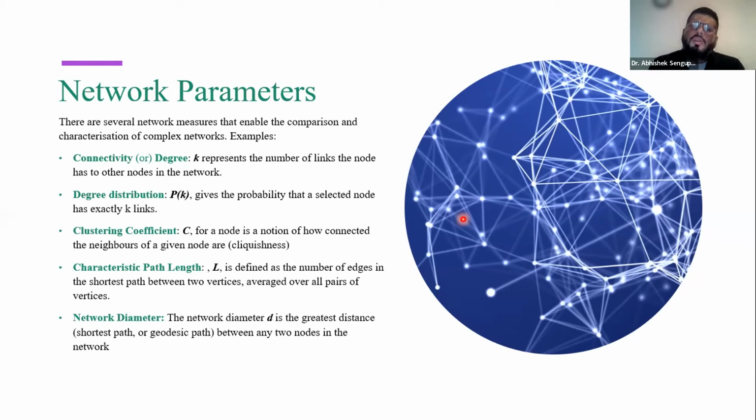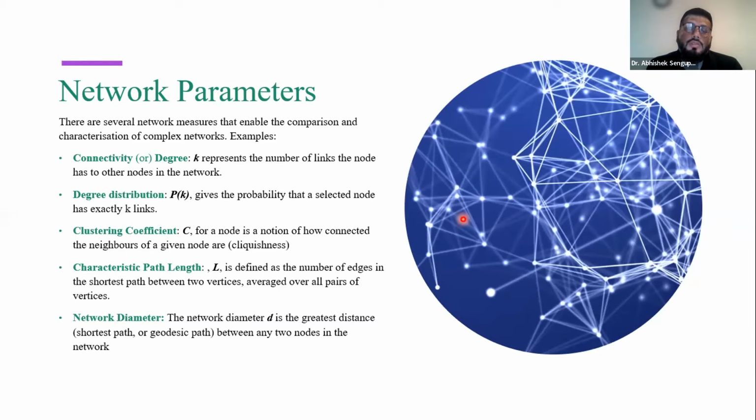There is a huge number of parameters. We have a whole book by Albert Barabasi, where he has explained so many properties or network parameters, and every parameter gives you different meanings and inferences, which you cannot solve at the molecular level or the singular level.